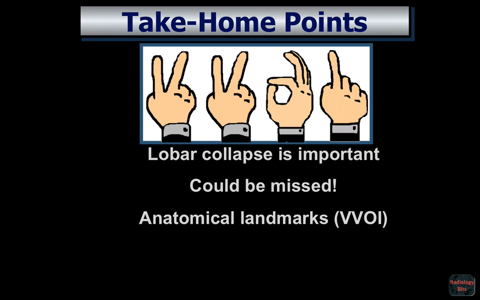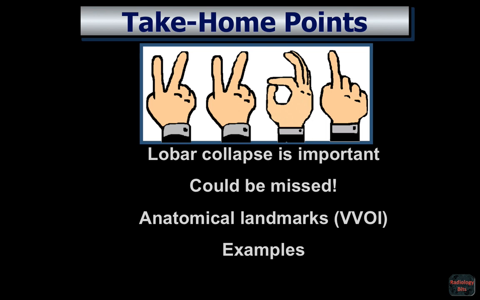You need to know your anatomical landmarks and check for them on every single chest radiograph you look at, namely the right hemidiaphragm is higher than the left, the left hilum is higher than the right, 2/3 of the cardiac shadow should be to the left of the midline, and the minor fissure should be in its normal location when seen. We tried to apply the trick on multiple examples of various types of lobar collapse.